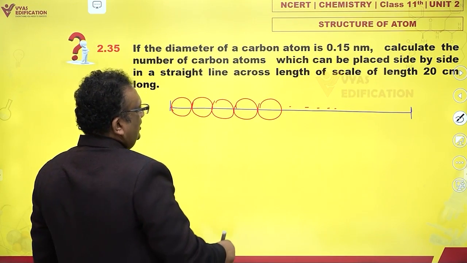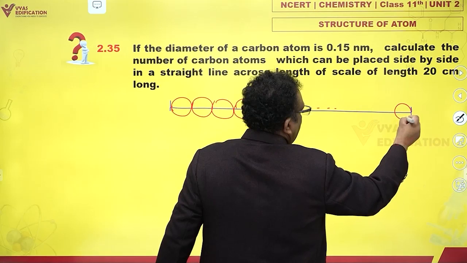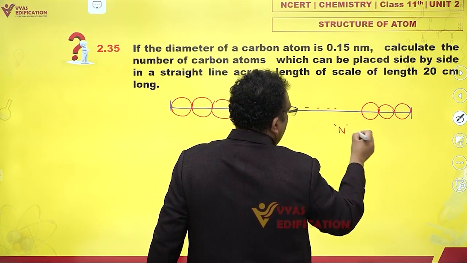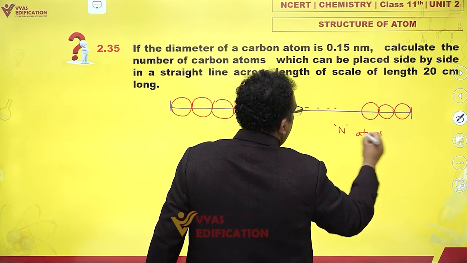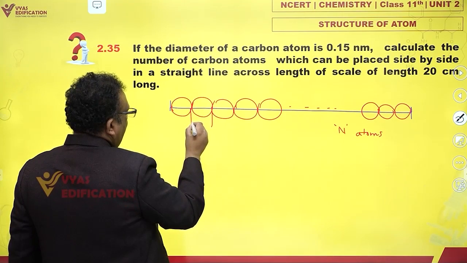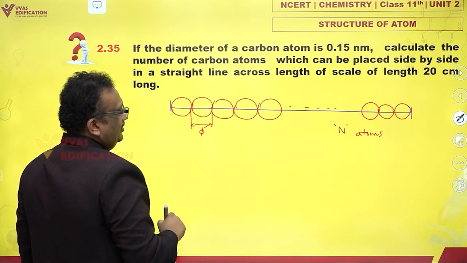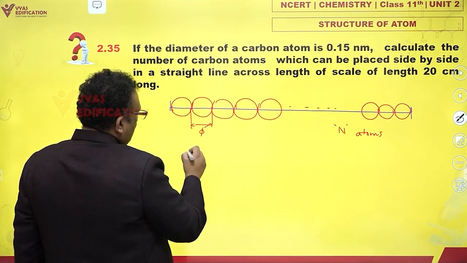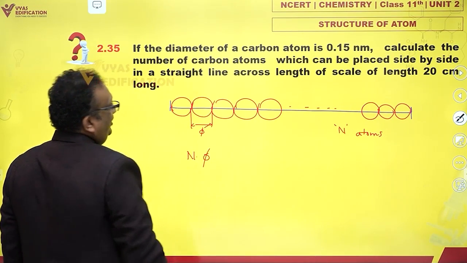Do you see that when I am just packing one atom after the other, and suppose there are n atoms, and this diameter is say phi, so one diameter is phi, so n diameters are n times phi.